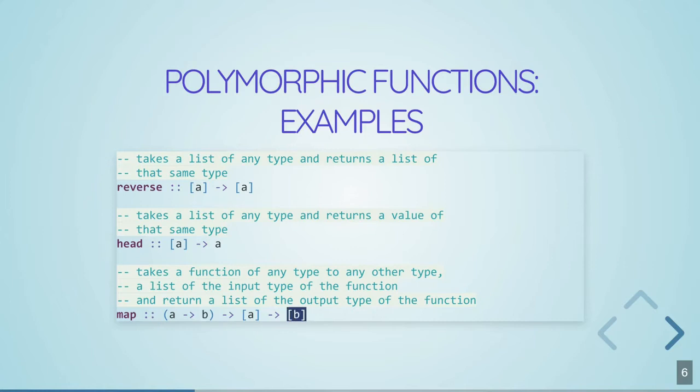So make note when writing polymorphic functions, whenever you specify a type parameter, the output type might have to be that same parameter. You can't just say it takes a list of A and returns any sort of list B, when in fact the output type depends on the input type.